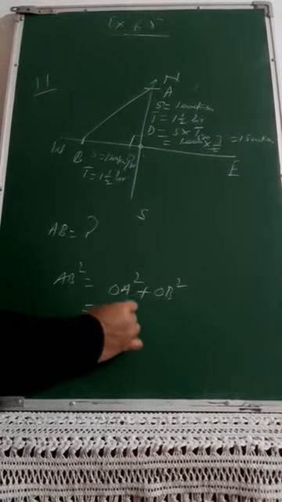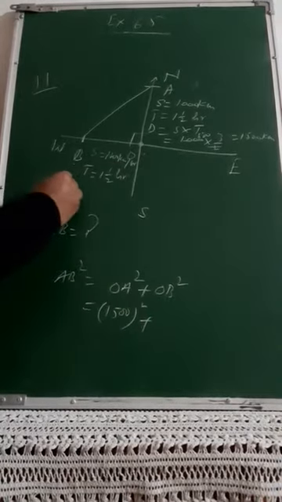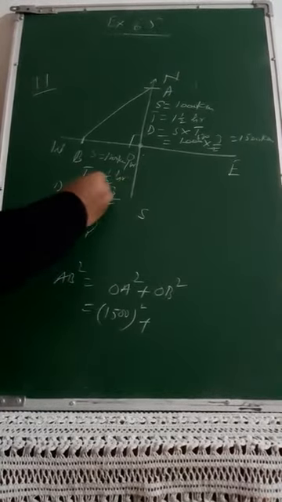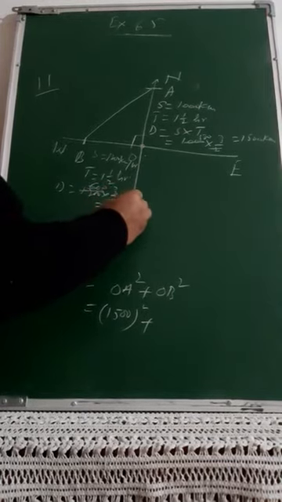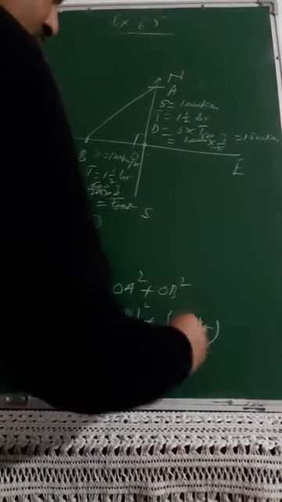So here you are getting this is 1500 square. What about this? Again, distance is equal to speed into time. 1200 into 3 upon 2. So this becomes equal to what? 1800 kilometer. So it becomes 1800 kilometer, that is whole square.